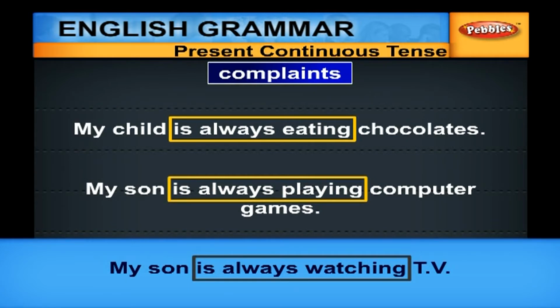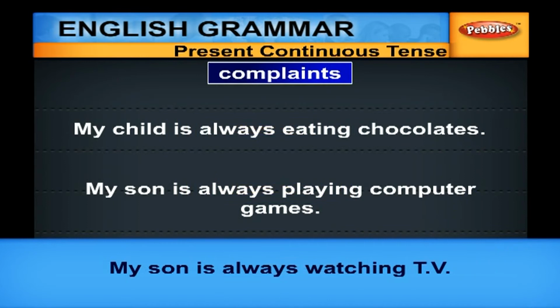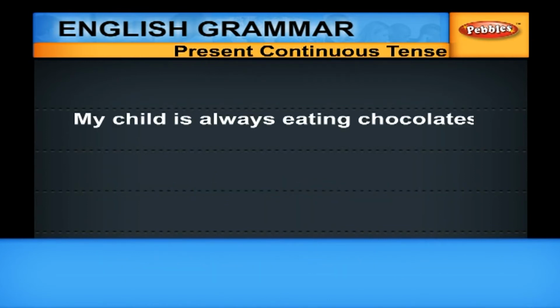When we refer to a habitual action repeated very often and we are not happy about it, we can use continuous aspect or present continuous tense. But you can refer to these actions in simple present also. It is acceptable in both forms.